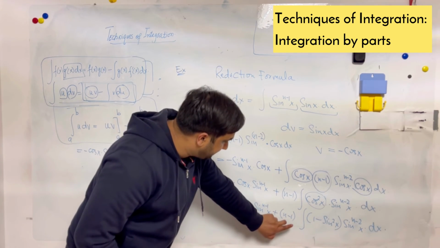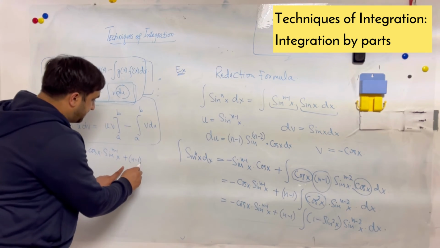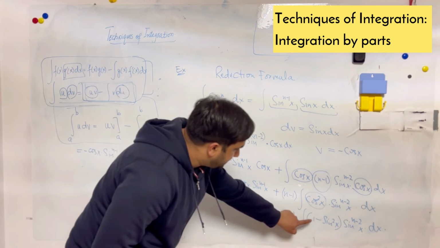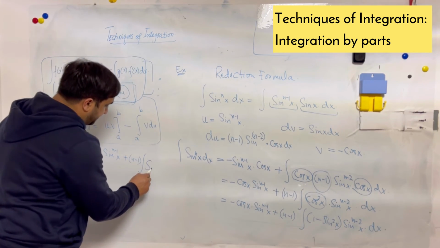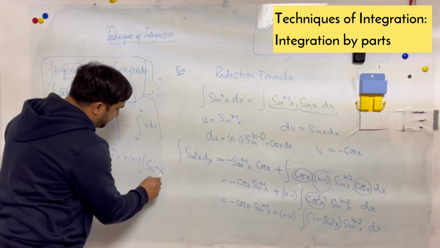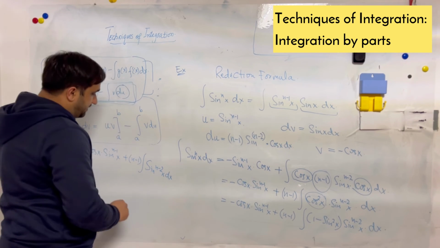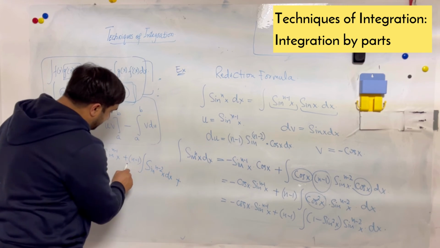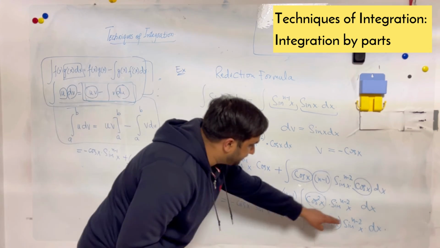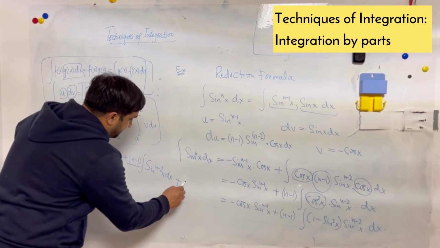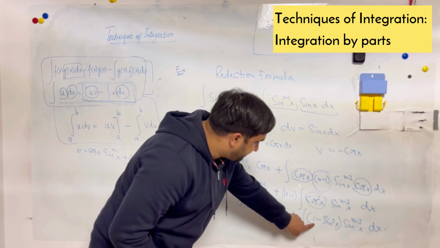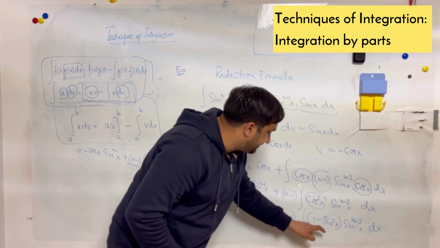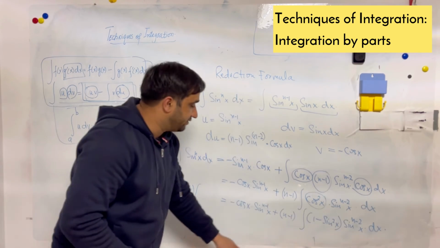So the first integral will be n minus 1 integral of 1 multiplied by this number. So it is sine raised to the power n minus 2 x dx plus again this number, because this number is multiplying with all the expressions, again n minus 1 and the integral.